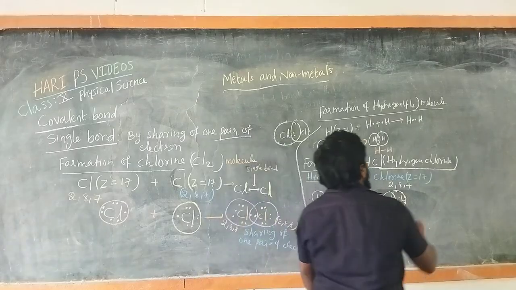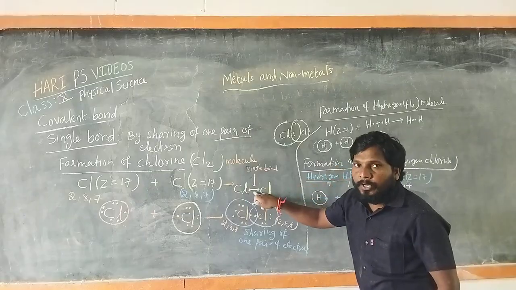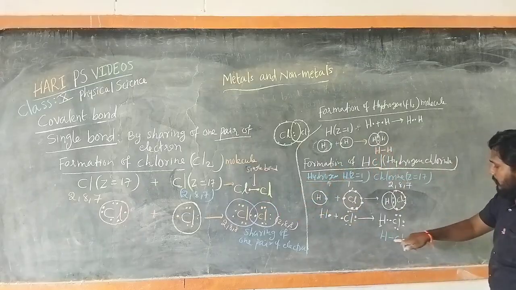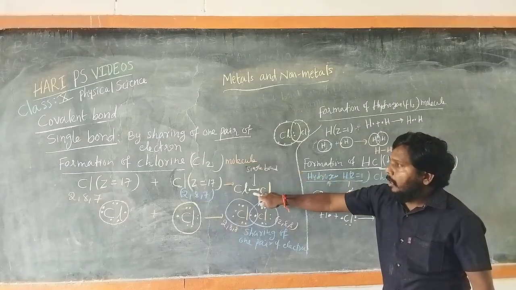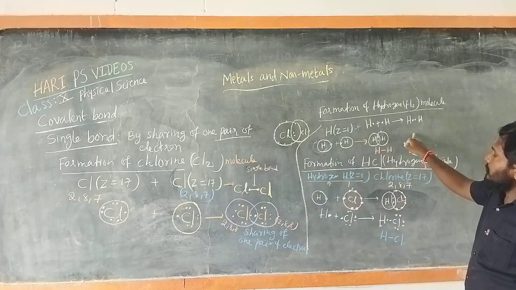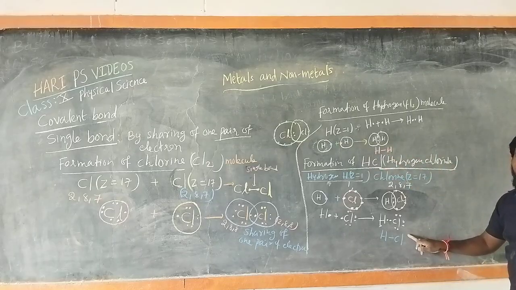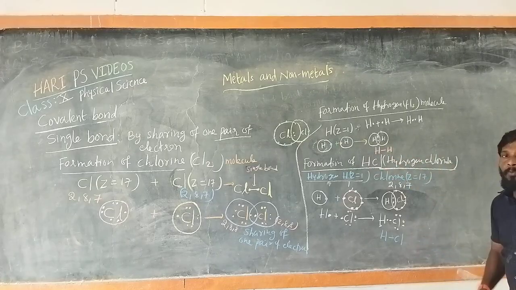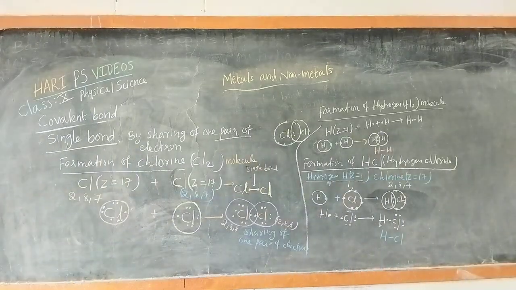Single bond is formed. Here hydrogen, chlorine, single bond is formed. So chlorine molecule is formed by sharing of electrons. Hydrogen molecule is formed by sharing of one electron each. Then hydrogen chloride is also formed by sharing of one pair of electrons.